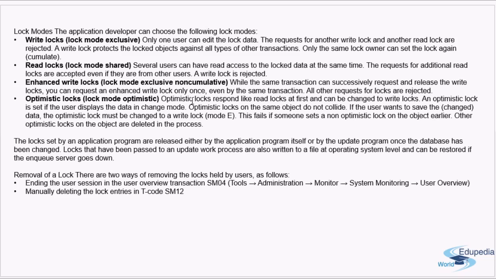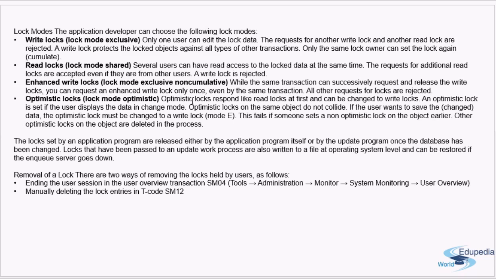A write lock protects the locked object against all types of other transactions. Only the same lock owner can set the lock again, that is, accumulate. So what do you mean by a write lock? While editing the data, this write lock is kept in change mode, so all other read and write locks will be rejected in this case.